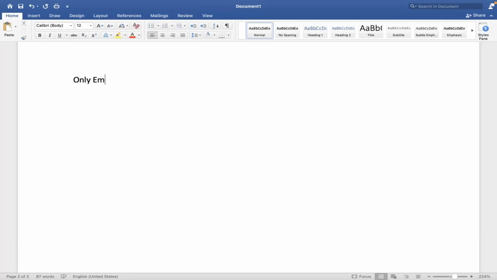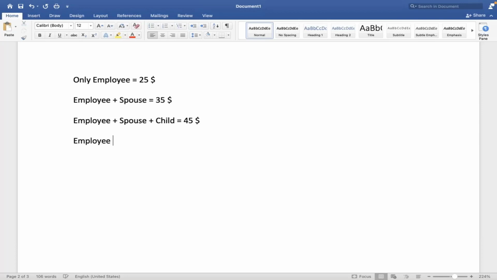Only employee: the contribution from the employee is, let's say, $25. Employee plus spouse: the contribution is $35. Employee plus spouse plus child: $45.